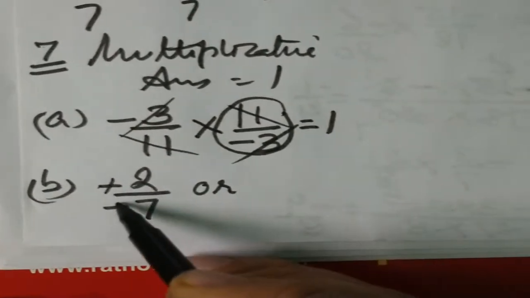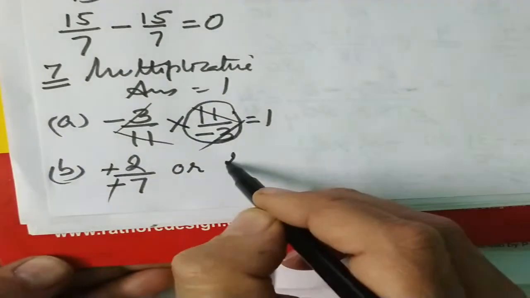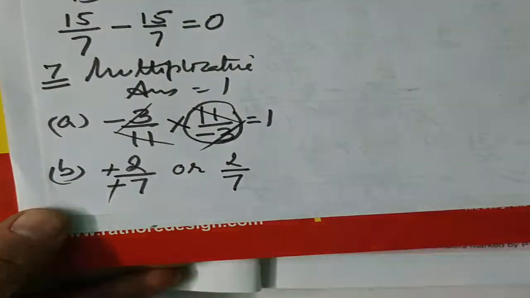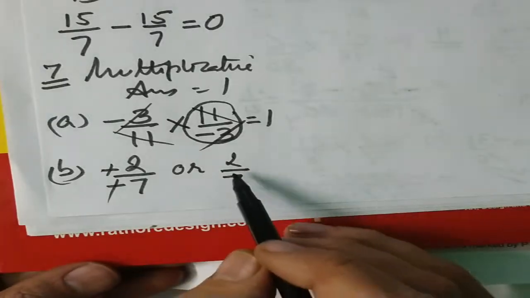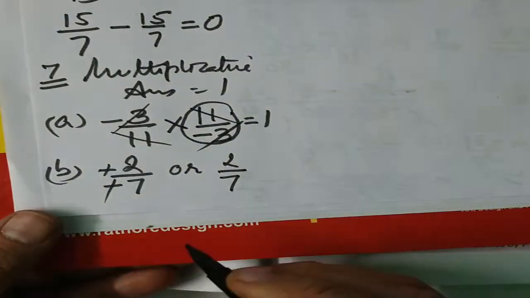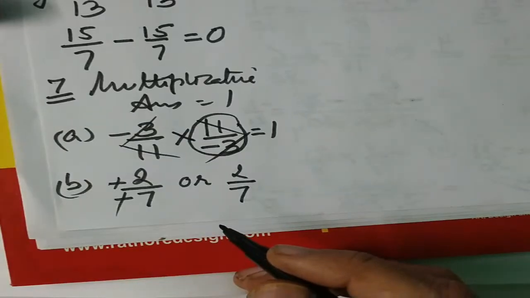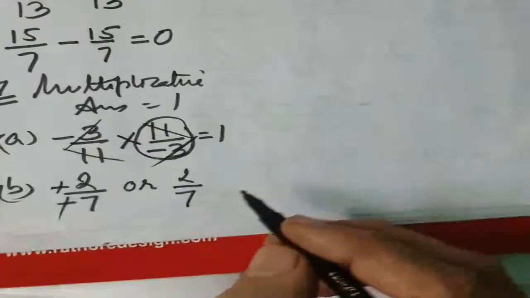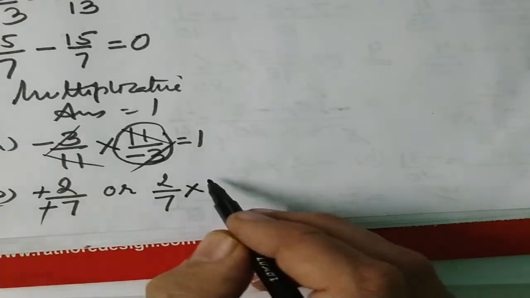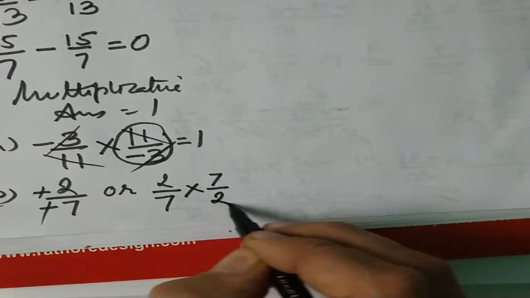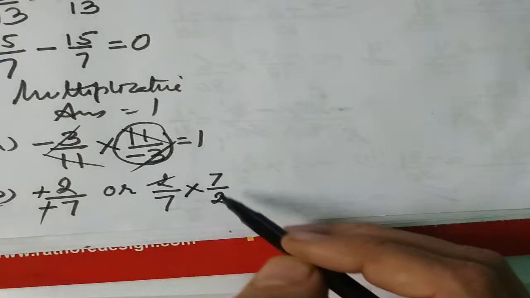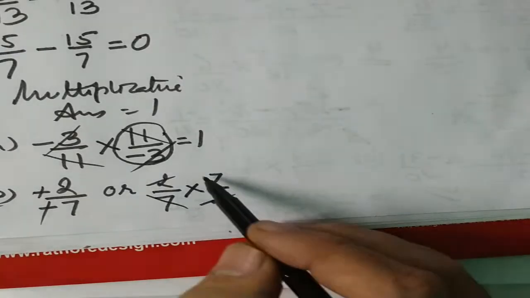So it will become 2 upon 7. Now what is the multiplicative inverse of 2 upon 7? What should you multiply so that the answer is 1? So multiplied by which number? 7 upon 2. Because 2 and 2 will cut, 7 and 7 will cut.